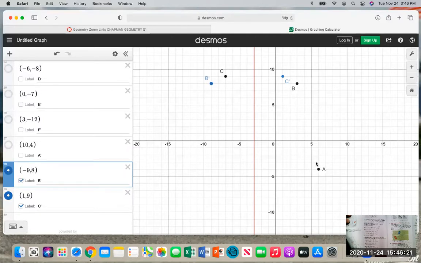And then same thing with A. A looks like it is, what, 9 units away? 1, 2, 3, 4, 5, 6, 7, 8, 9. So A prime has to be 9 units away on the other side. So that looks like it's negative 12 comma negative 4.